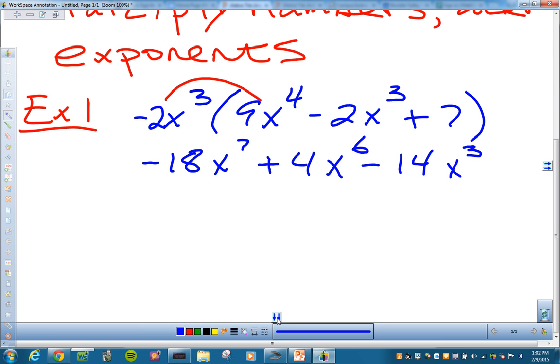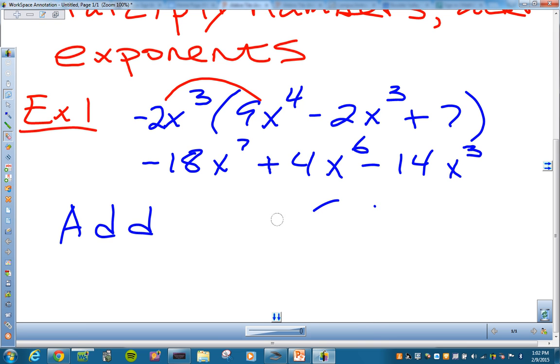So I want to show just kind of a common mistake you guys make. No, I don't want to subtract, I want to add and multiply.